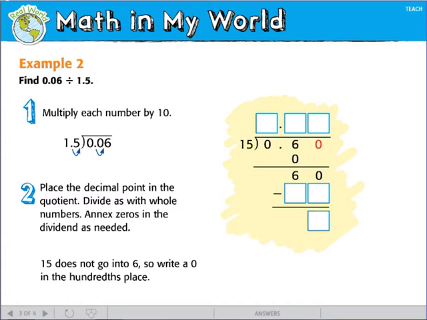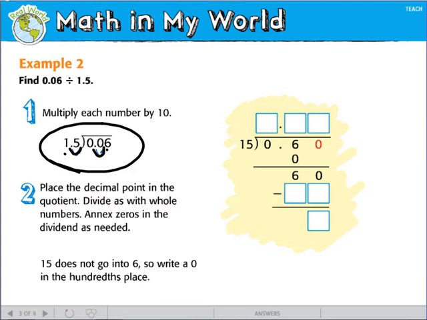Okay, we can see here. We move it once, right? So now I have 15 divided by 6/10. Or 6/10 divided by 15, sorry. I said it backwards after I told you guys not to. Apologize. So I have 6/10 divided by 15, right? So that's what we have over here.